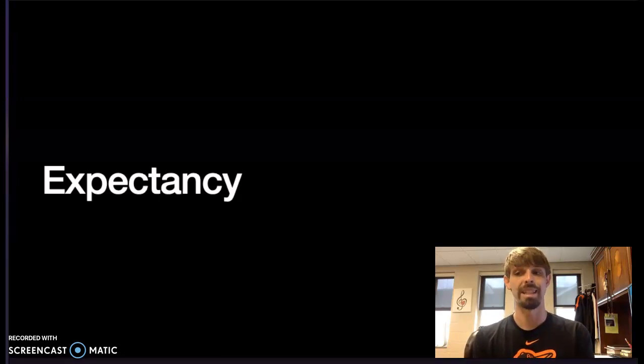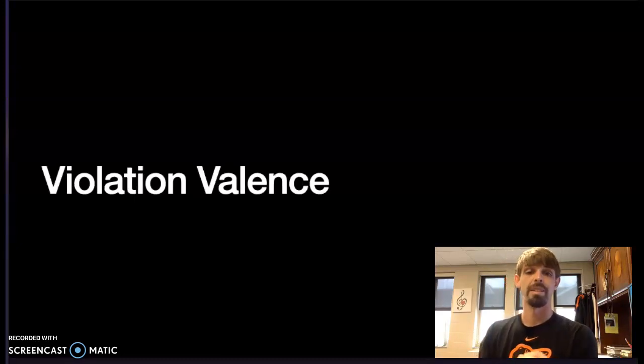Influences on expectancy can be context, relationship, and communicator characteristics. And that, of course, comes from our textbook, Griffin 2012. So let's move on to violation variance. Violation variance is the perceived positive or negative value assigned to a breach of expectations, regardless of who the violator is.